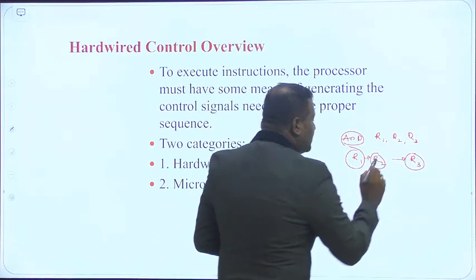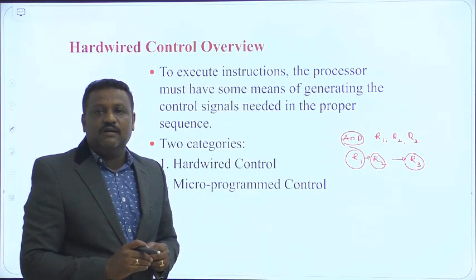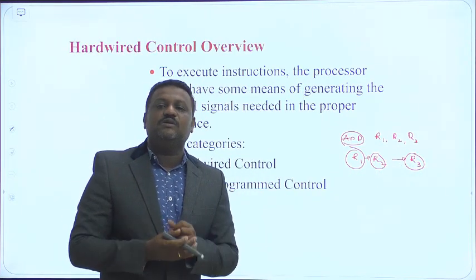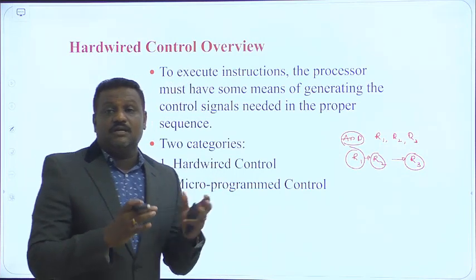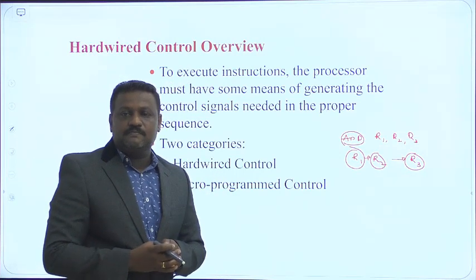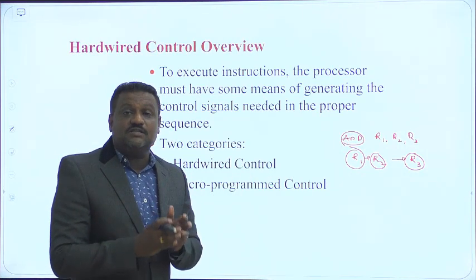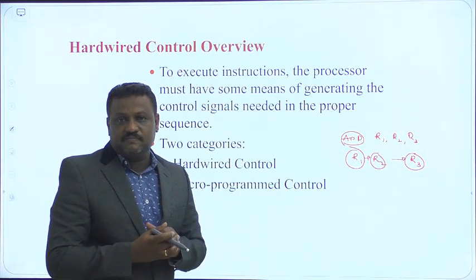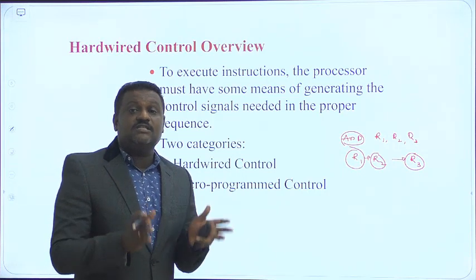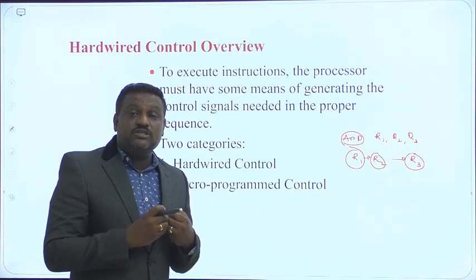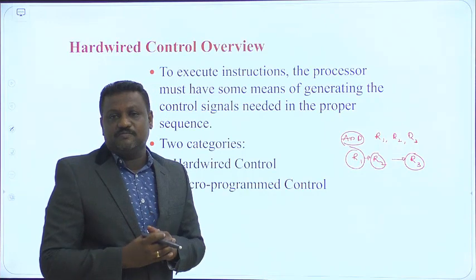For that, the control unit generates a control signal to register R3: whatever value is available on the internal bus, you can go and accept it. So to execute this instruction, I need different control signals at different time instants. These control signals are generated by my control unit in a sequence.